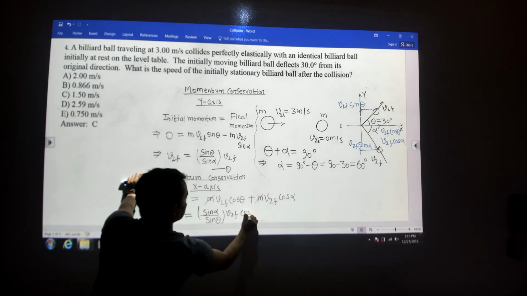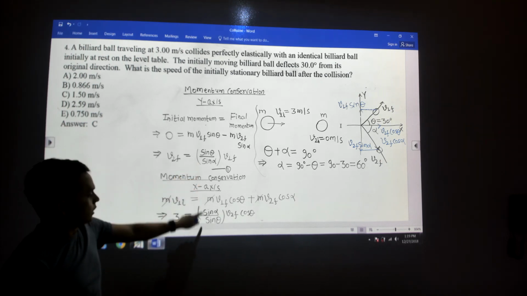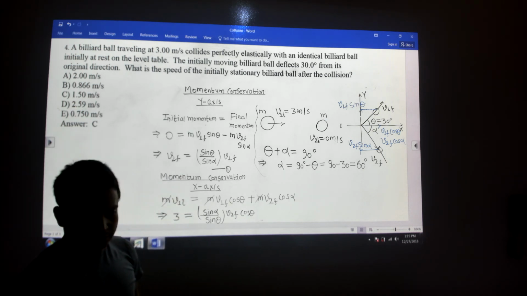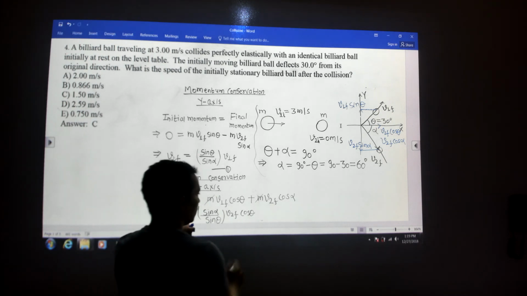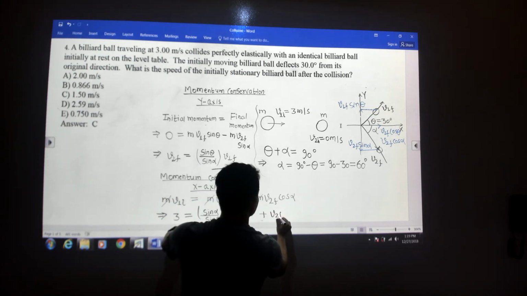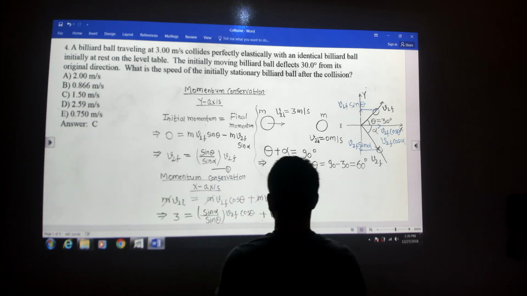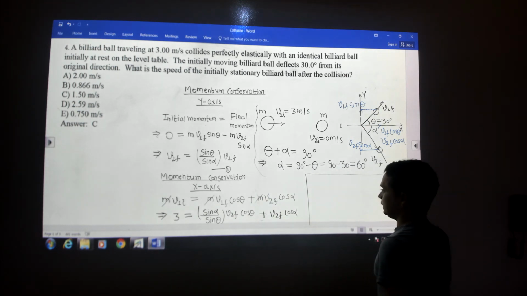So we get V1I equals sine alpha over sine theta times V2F cosine theta, plus V2F cosine alpha. This is just simple math now, so you should be able to do it on your own. Just plug in all the numbers.